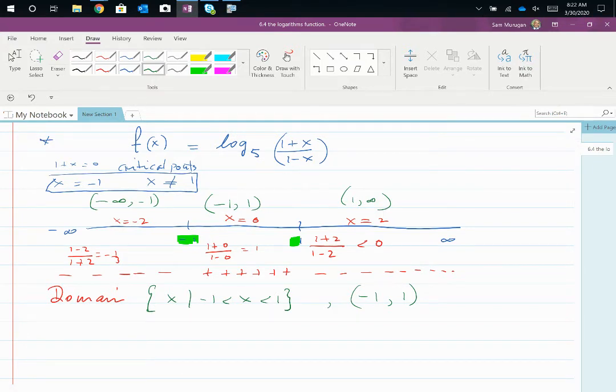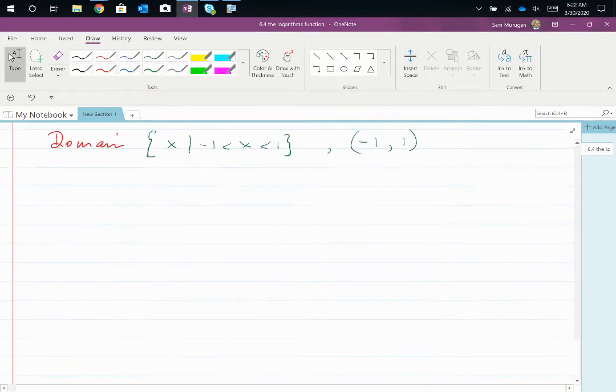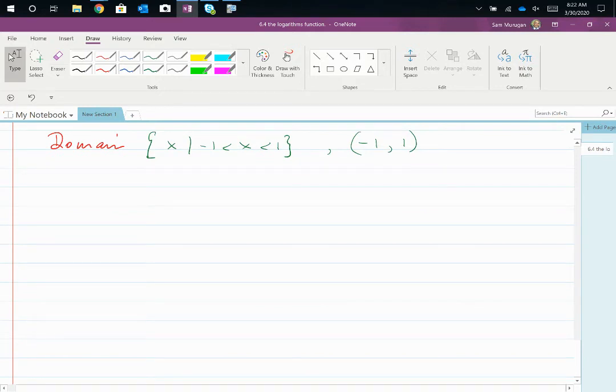Now, I'm just briefly going to discuss the graph of the log function.